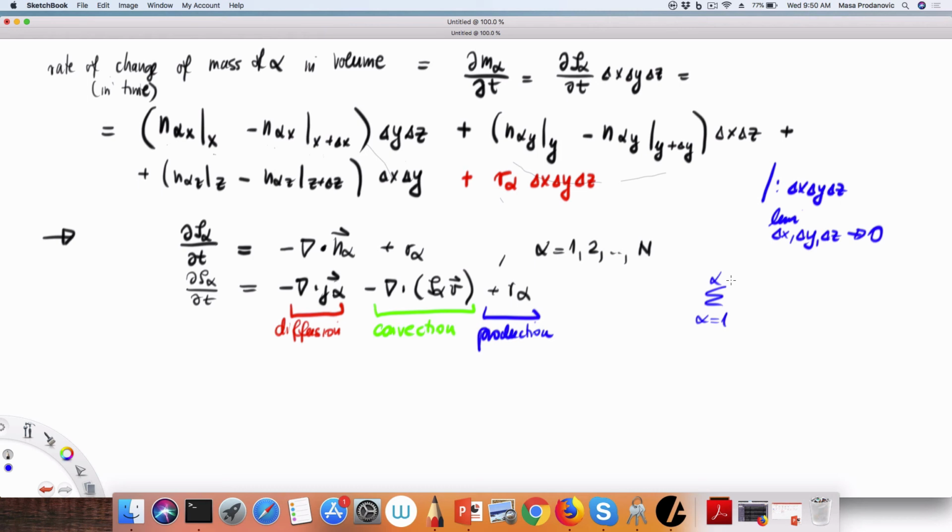The sum of all of these will actually end up being my divergence of rho v. And the sum of all R alphas is 0 because of mass conservation. So if something is getting produced, something else has to go away. So essentially, that's going to give me my continuity equation. All right, we're going to continue next time, and we have a couple more formulas to review, and then we start solving problems.